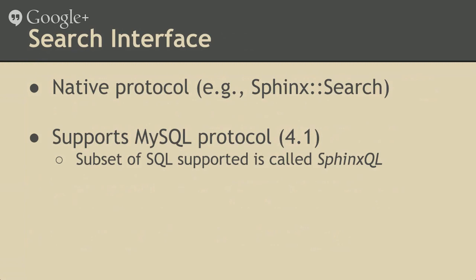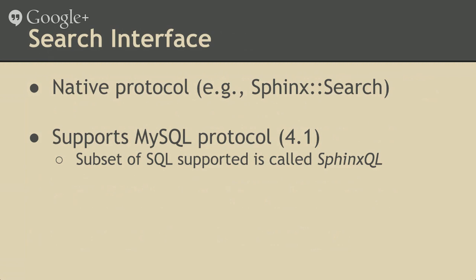So for connecting to the daemon, there's this very simplified native protocol, and then it can also basically replace MySQL as a daemon to receive queries. It's a subset of SQL that you can use, and they call it SphinxQL.